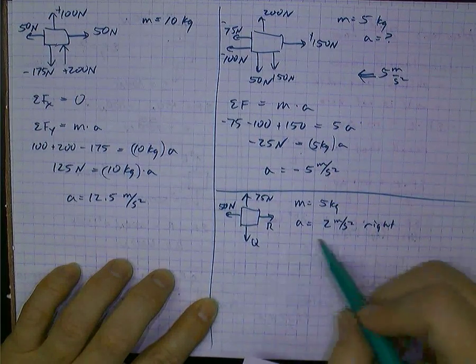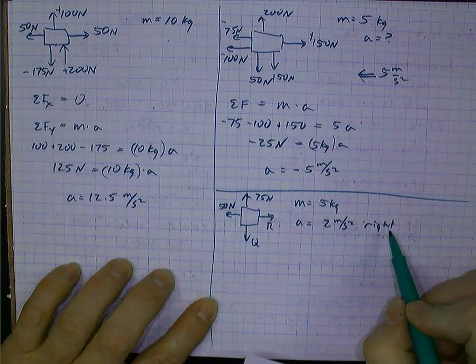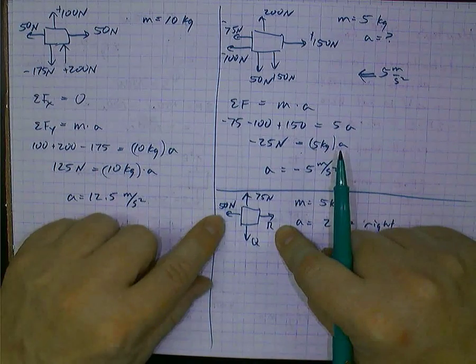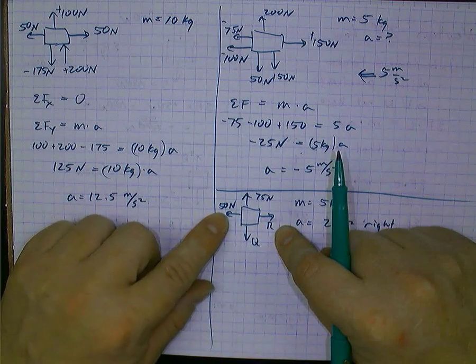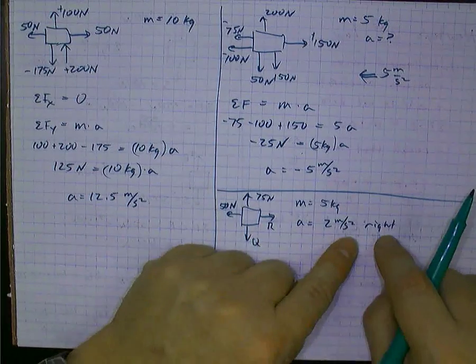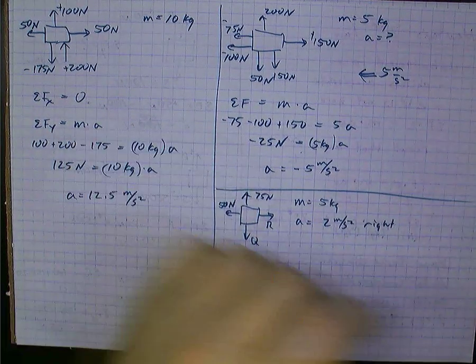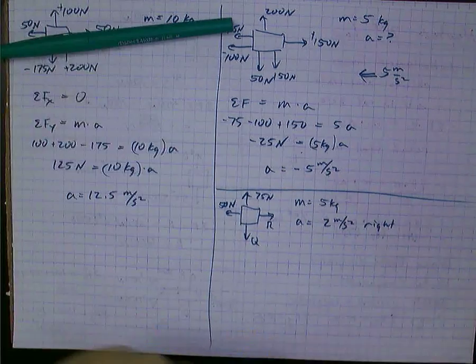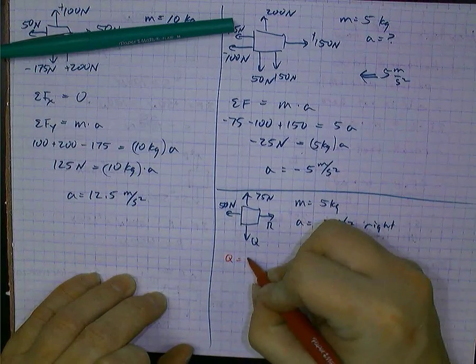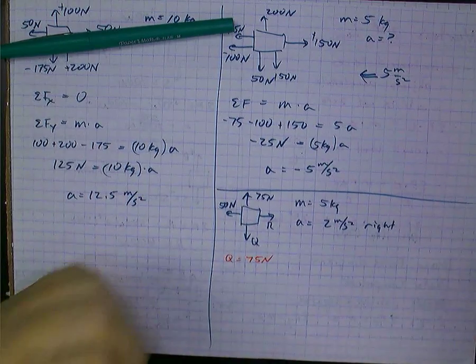All right. I notice, since it specifies that my acceleration is to the right, that R will have to be greater than 50. Since my acceleration is to the right, that would imply that Q and 75 are balanced, and so Q would equal 75 newtons. Those two would be balanced.